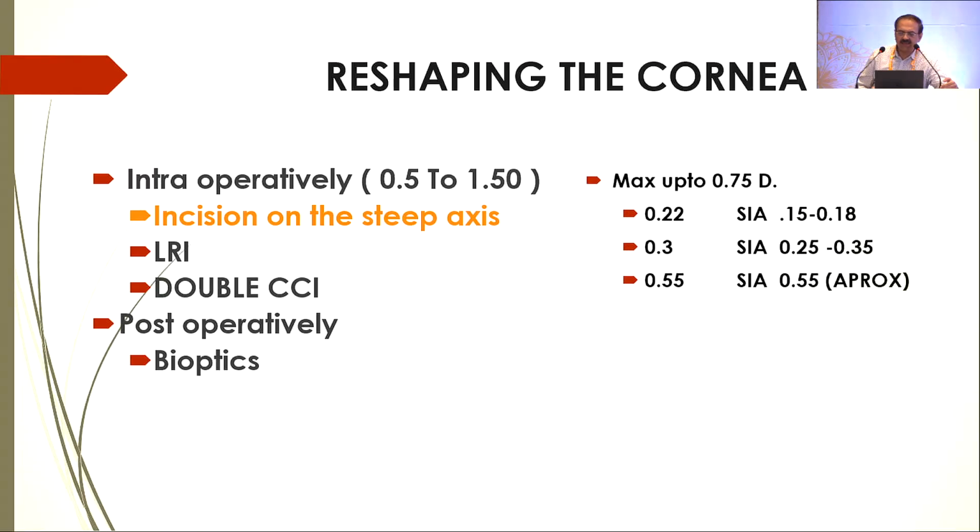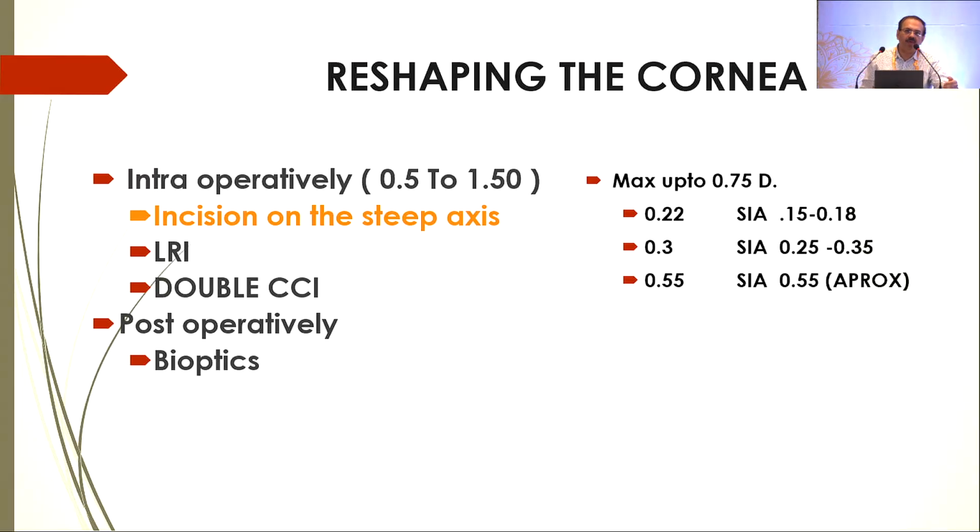If the astigmatism is only up to about 0.5 and I still want better precision, up to about 0.22, I take an SIA of about 0.5 to 0.18, which is my normal incision. And when it is more, I even tend to take a little larger incision and extend it up to about 0.5 in these cases.